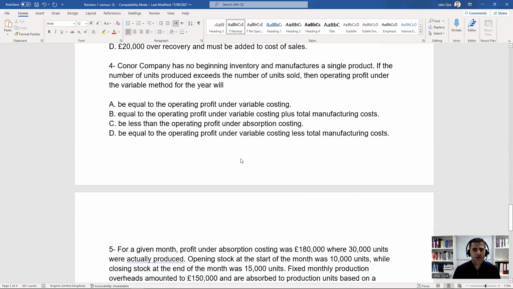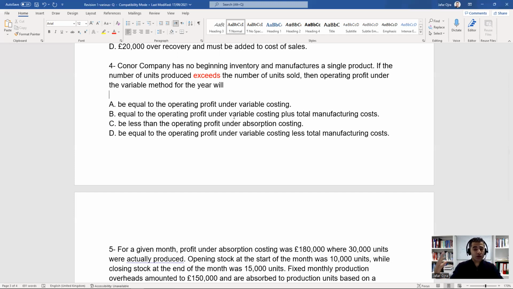So question number 4. Kona company has no opening inventory and manufactures a single product. If the number of units produced exceeds the number of units sold, this means we will have a closing inventory.